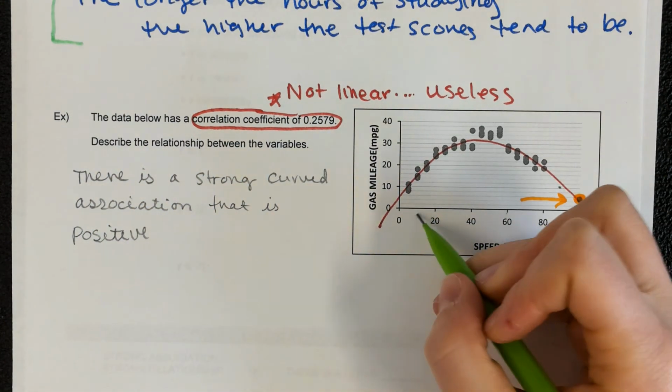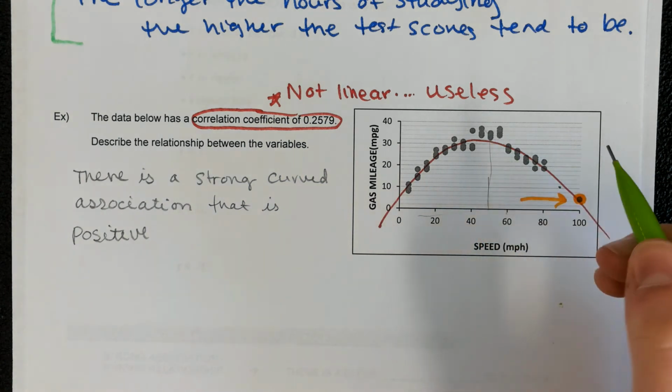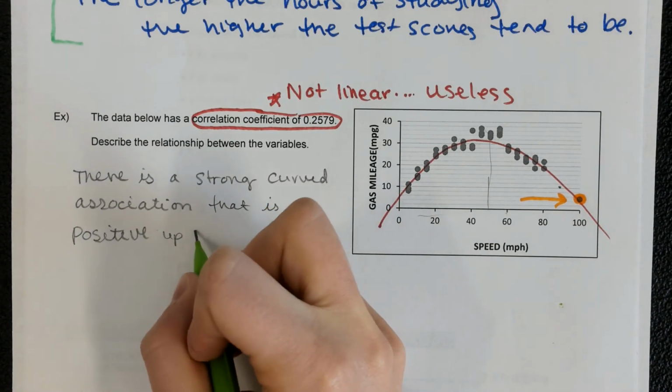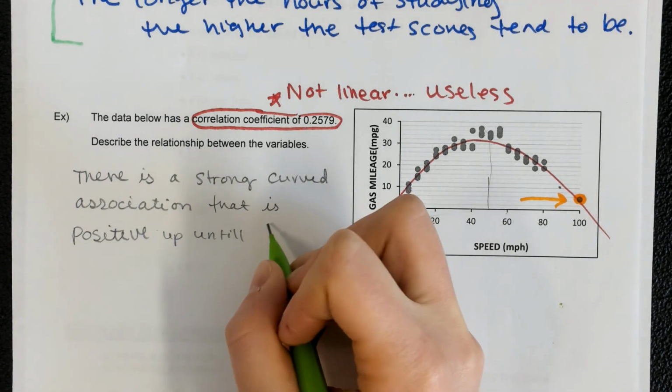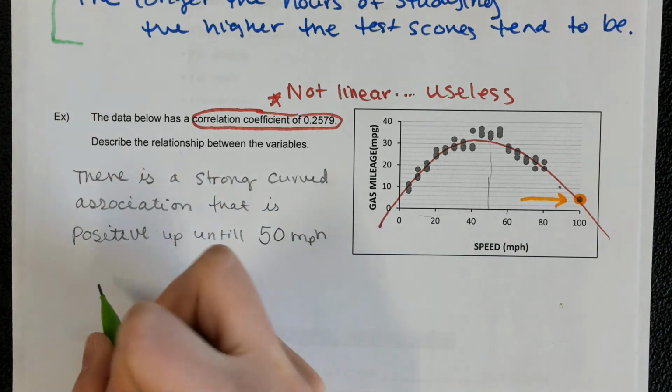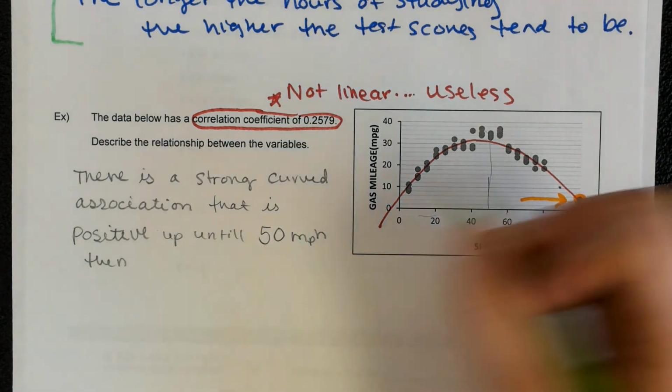It's positive until about 50 miles per hour. Then it turns negative, right?